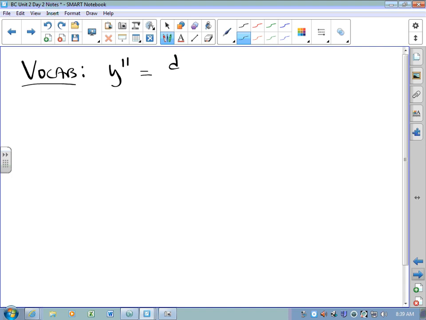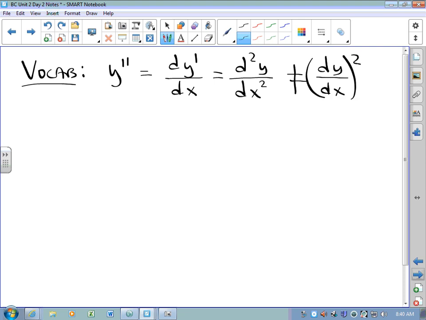If you're using Leibniz's notation, it's the derivative of y prime with respect to x. Leibniz would have written it as d squared y dx squared. That is Leibniz's notation for the second derivative. That is not the derivative squared.